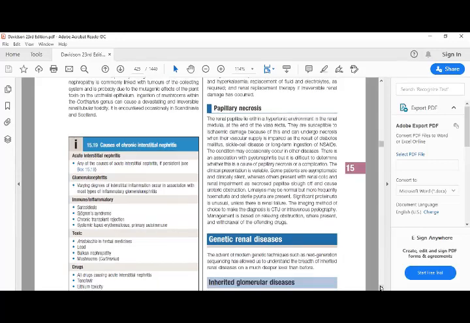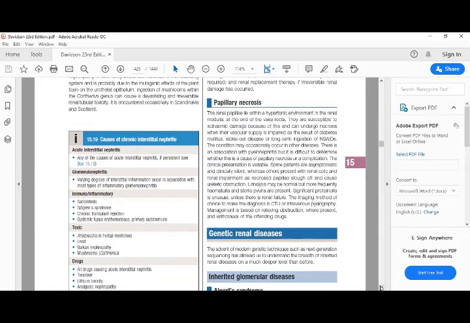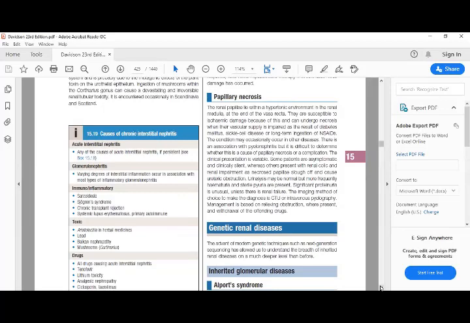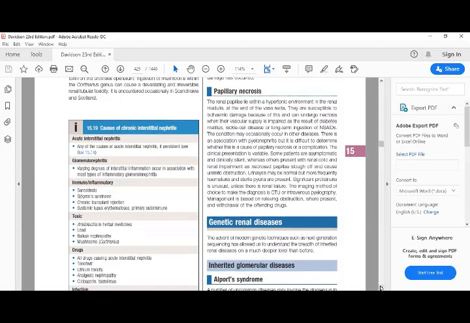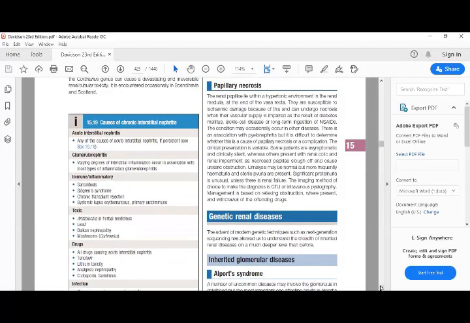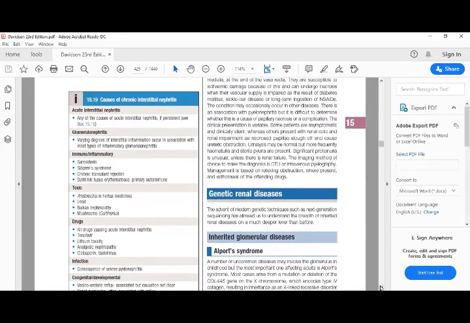Then toxic causes include Aristolochia in herbal medicines, lead, and Balkan nephropathy, which also involves Aristolochia damage, and damage by mushrooms, fungal mycotoxin, and mushrooms such as Cortinarius, which causes nephropathy.